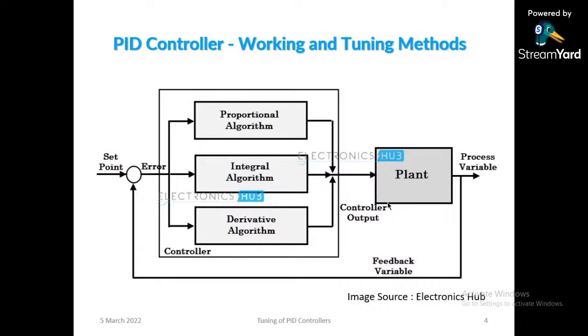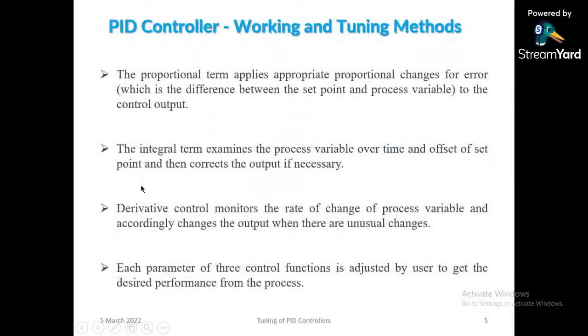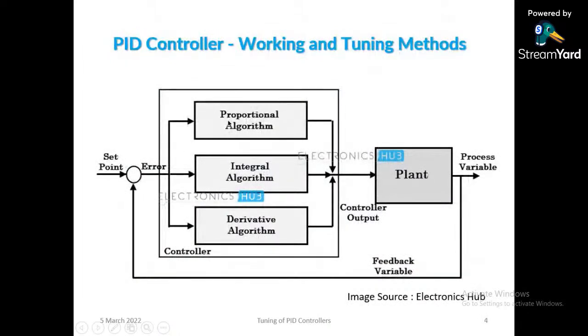So you can see the controller output means the signal produced by this controller. And this error signal is nothing but the difference between set point and process variable, which is the actual output. Now we'll focus initially on proportional, then integral, and then derivative.